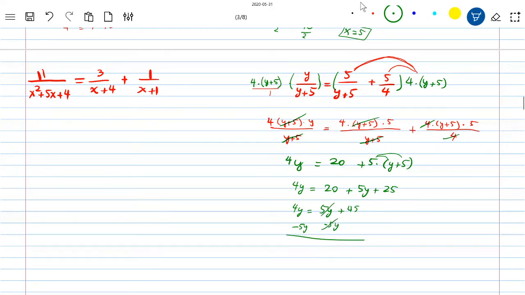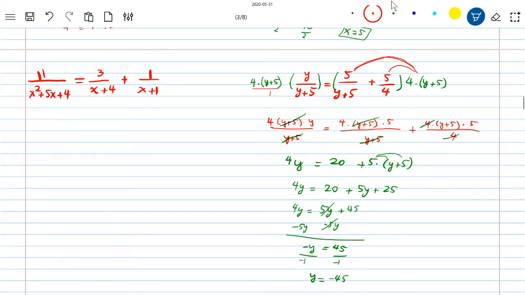You can cancel out. 4y minus 5y is minus y. 1y if you want equals 45. So what is y? You can divide both sides by negative 1. Y equals negative 40. This is a possible solution. So what do I need to do? I need to check that solution to see if it really works in the equation.